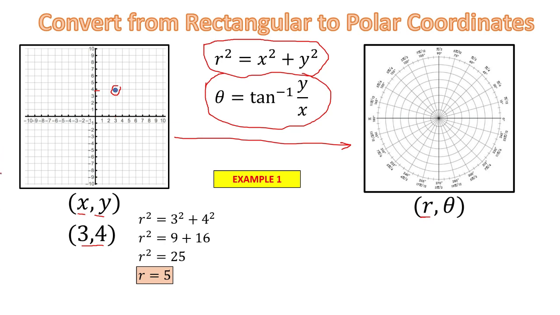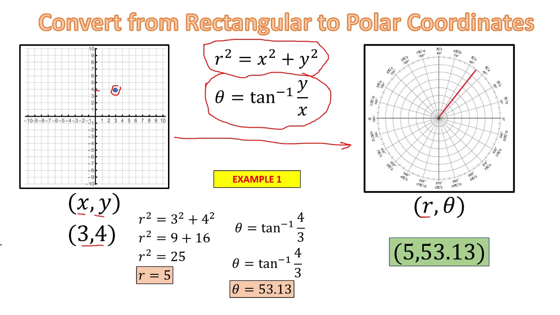To find the angle theta, I use the arctangent. Using a calculator, the TI-83 or any calculator that can find arctangent functions, you get 53.13. That is the angle. Now my point in the polar coordinate system is r equals 5 and the angle is 53.13.